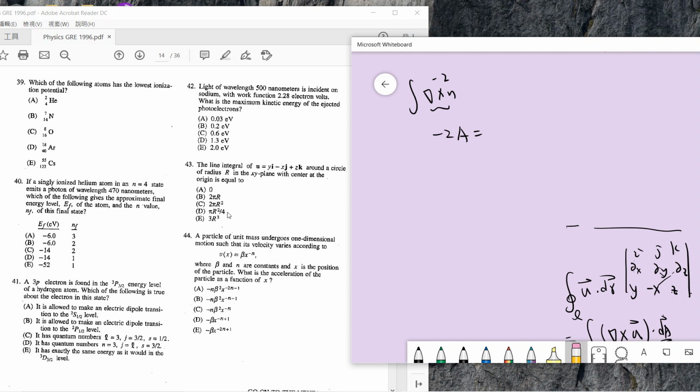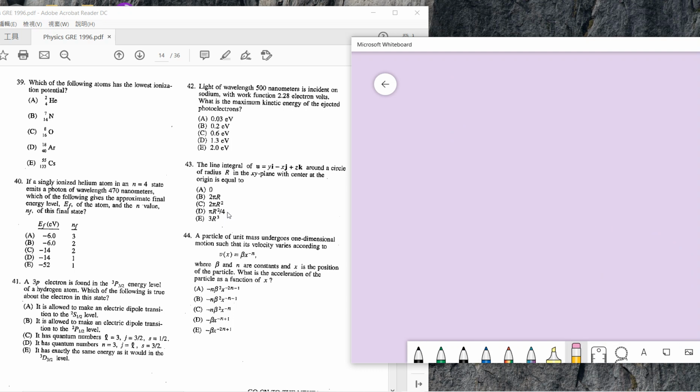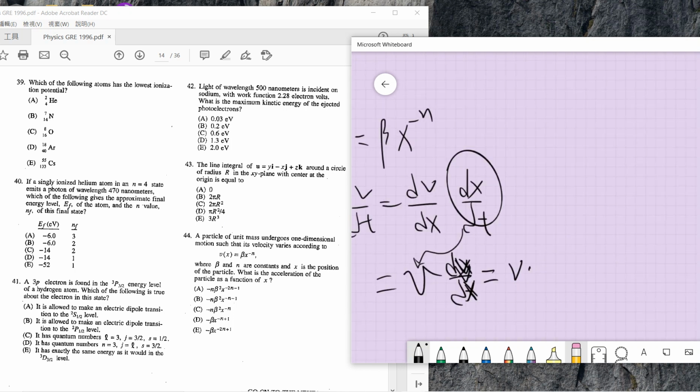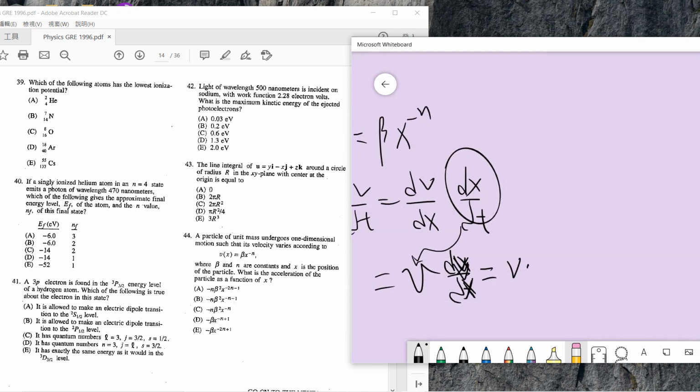44. The velocity is given as v equals beta x to the minus n, and what's the acceleration? Acceleration is dv over dt, or we can write dv over dx times dx over dt, which is v times dv over dx. So we have v times dv over dx, which is beta times minus n x to the minus n minus 1.